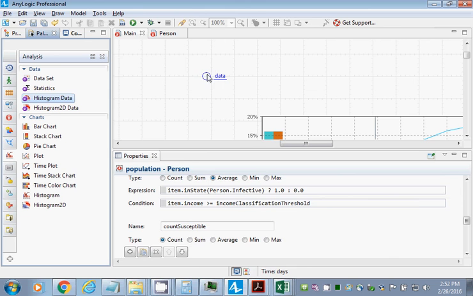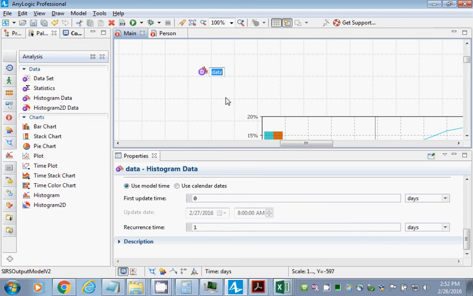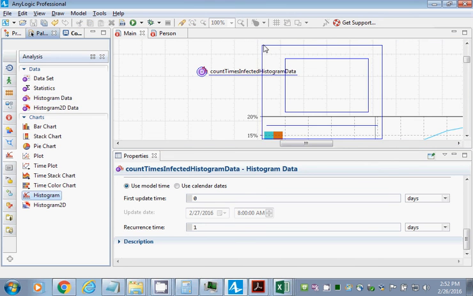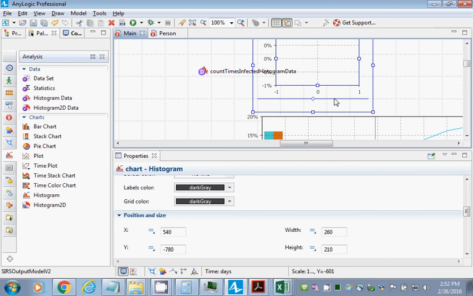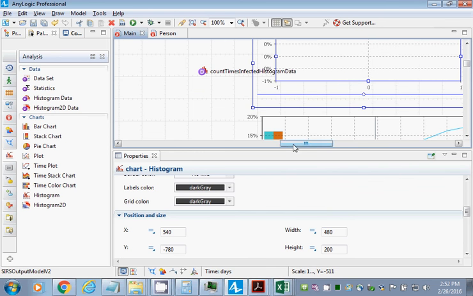That one that is there. Okay, this is the expression: fractional prevalence, expression type average expression. This is going to be a count of times infected. I think it was a fractional prevalence.